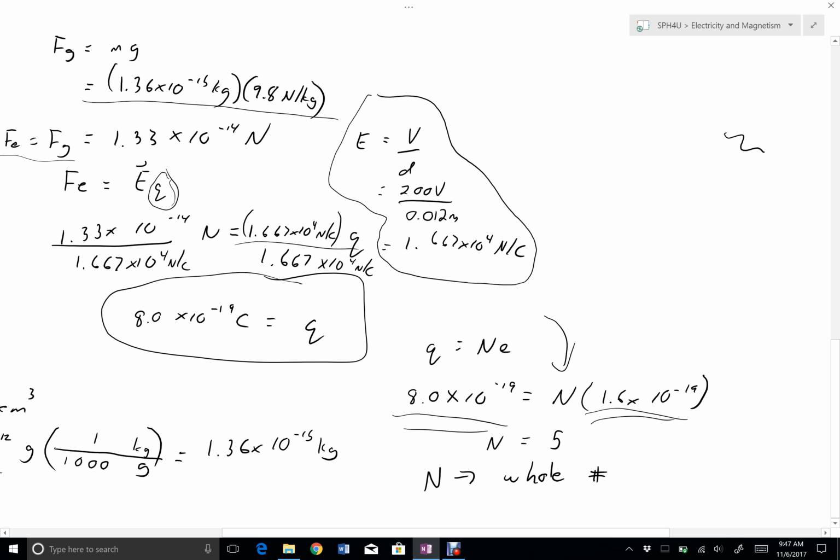And what he decided then was that there was a basic unit of charge. He called it the elementary charge, e. And he found out that the value of that was 1.6 times 10 to the negative 19 coulombs.